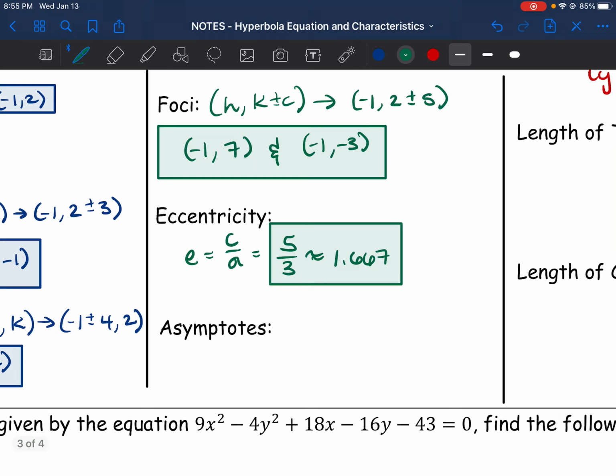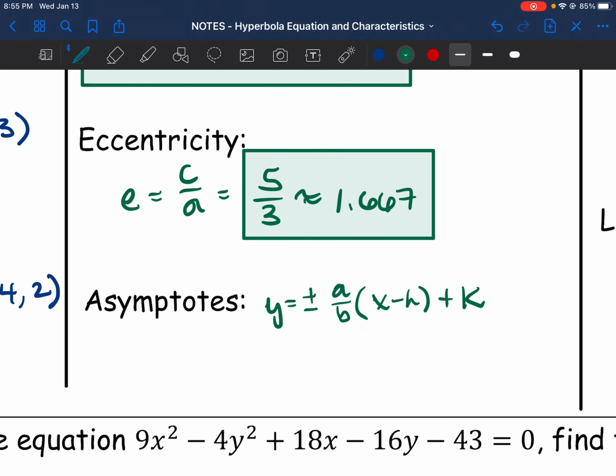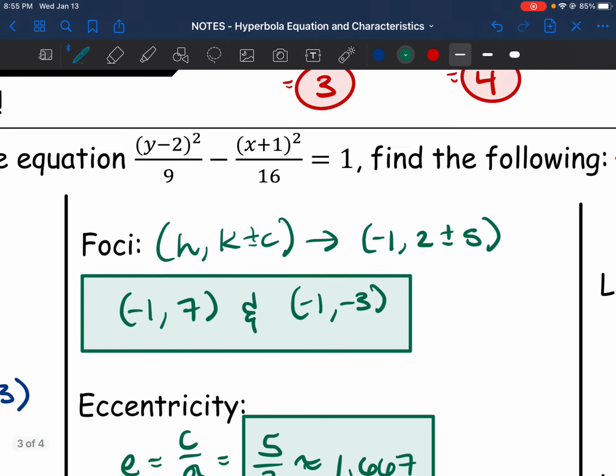All right, the asymptotes. So the equations for the asymptotes for a hyperbola that opens up and down is y equals plus or minus a divided by b, parentheses, x minus h, plus k. And once again, we're just going to plug in the values that we know. So this is y equals plus or minus a over b.